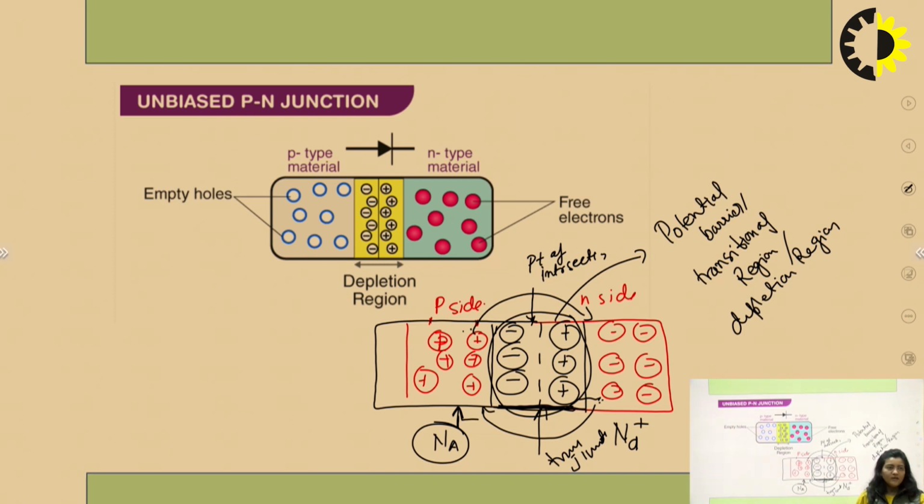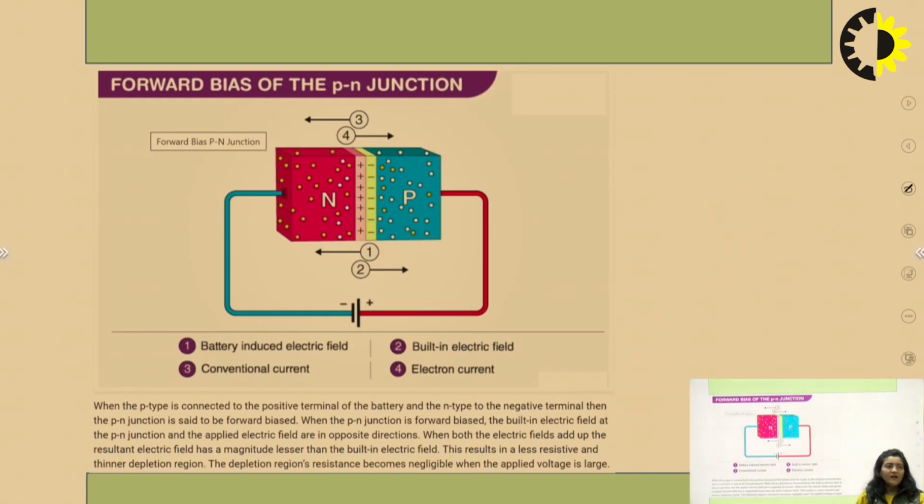Now suppose we apply a negative potential to the N side and a positive potential to the P side. This is called forward biasing. Why forward biasing?